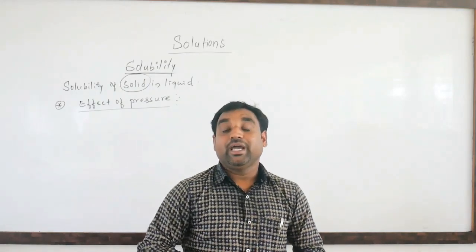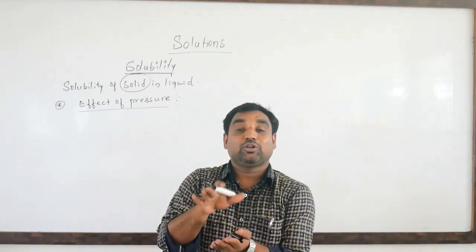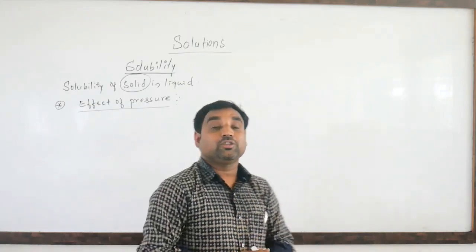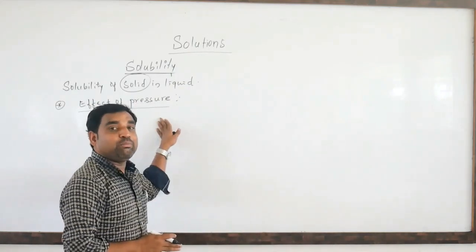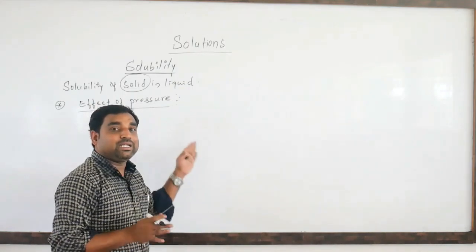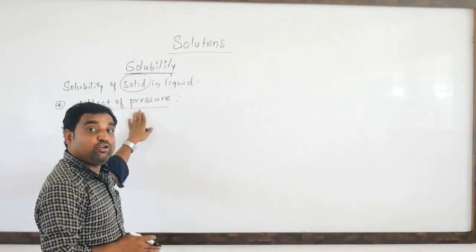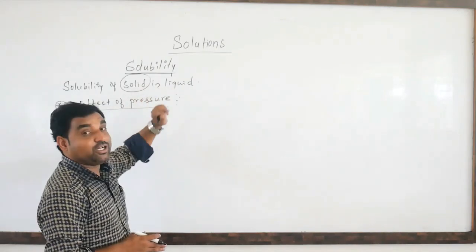Hence, we cannot compress the solid. So solids and liquids are incompressible because the constituent particles have a compact arrangement. Hence, the pressure has no effect on the solubility of a solid in a liquid.